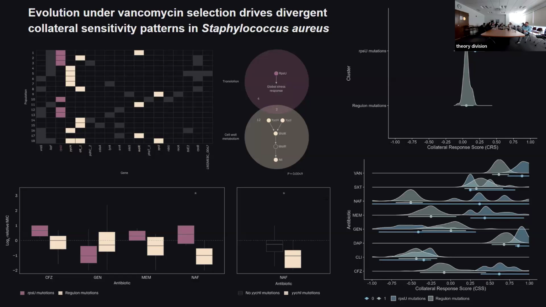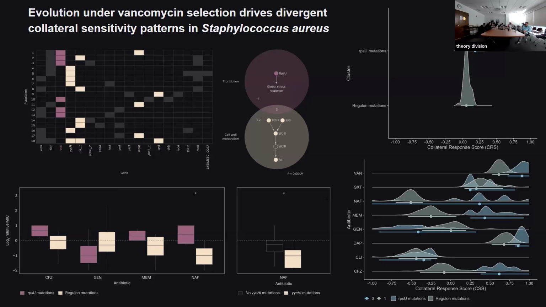So for example, if the population evolved mutations in IPSU, they tended to be collaterally resistant to cefazolin, whereas the populations that evolved mutations in the wall-KR regulon really had no directional change one way or another relative to the ancestor.